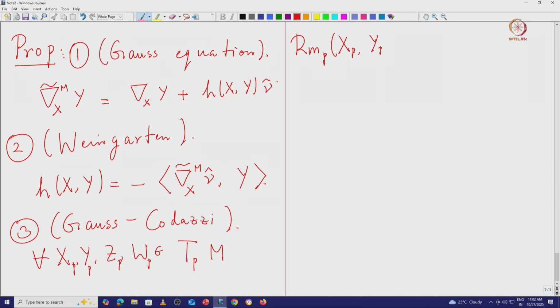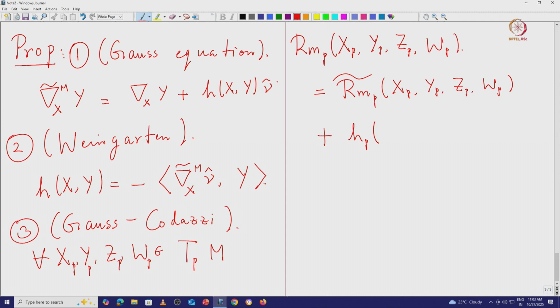So, if you take the curvature tensor of M, that is the curvature tensor of M tilde plus the correction term that comes from the second fundamental form.